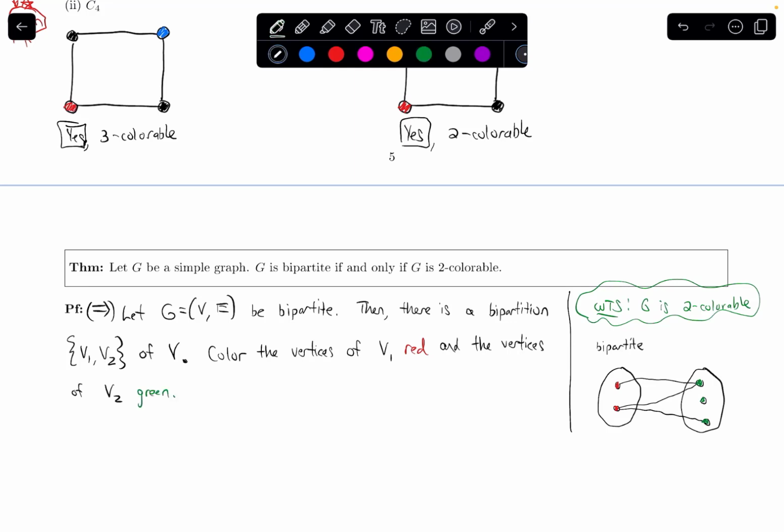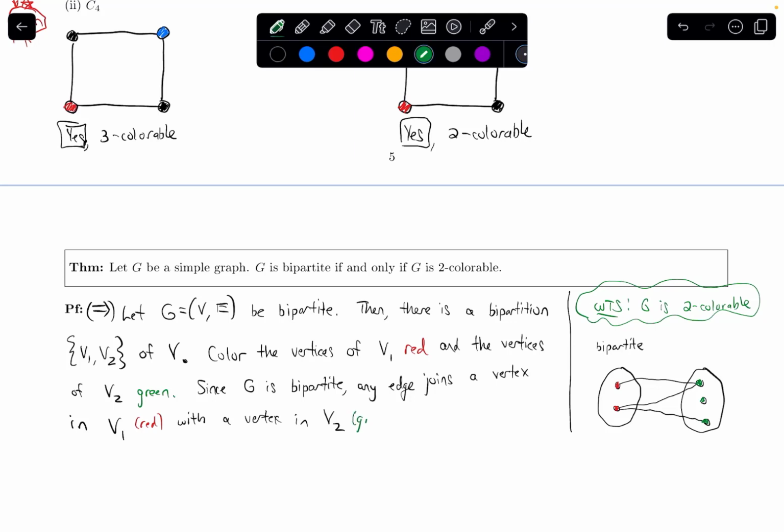Okay, and then just as we saw in the scratch work, since my graph G is given as bipartite, any edge joins a vertex that's in V1, the first group, which is going to be red, with a vertex in the second group, a vertex in V2, which is going to be green.